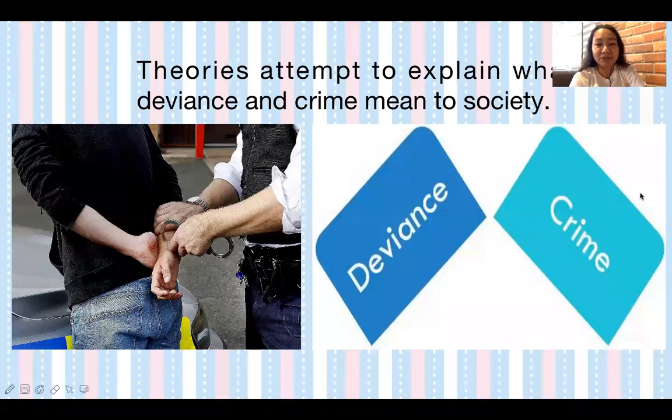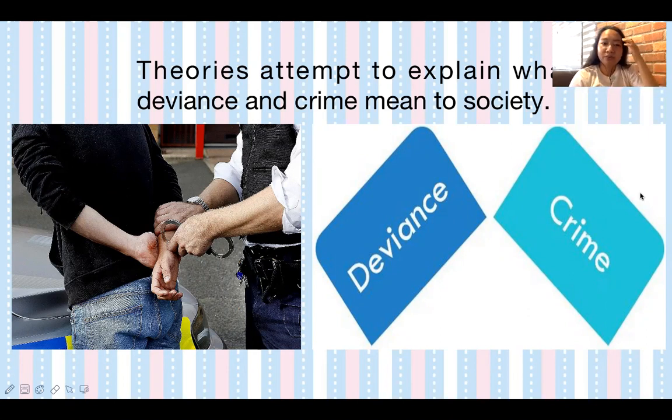We have many theories that are actually attempts to explain what deviance and crime mean to society and how they are related to one another. So we know that theories are building blocks of knowledge. As we continue exposing ourselves to the different social realities, we could have revisions, or we could change, or affirm if the theory is indeed true, or make some modifications.